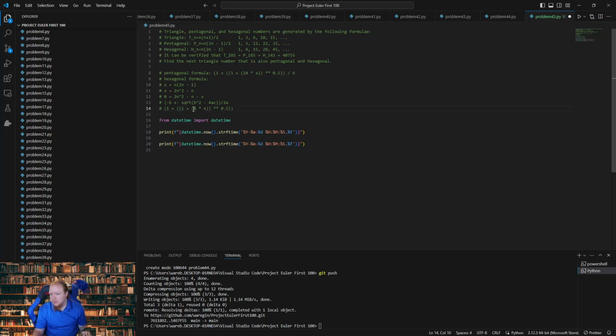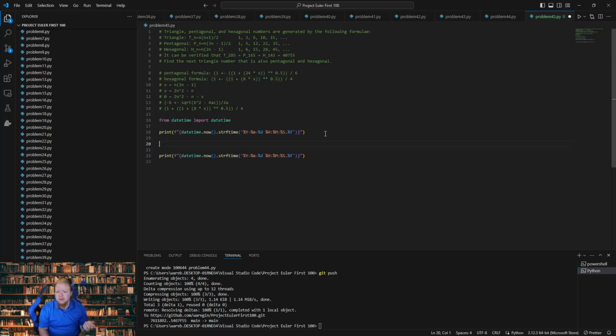Open, open, open, close, close, close. Okay. And then 2a is just 4. So our complete hexagonal formula for finding n based on x is that, well, this is technically plus or minus, so throw that in there.